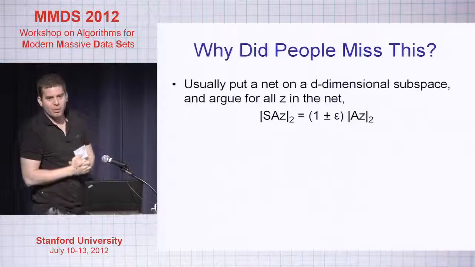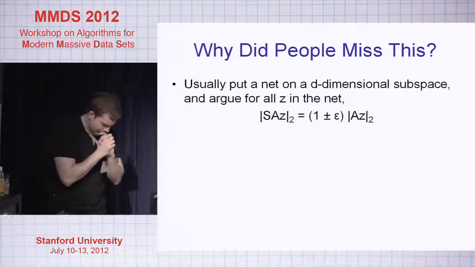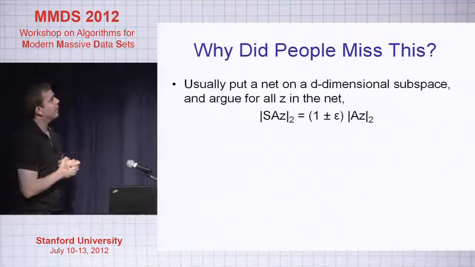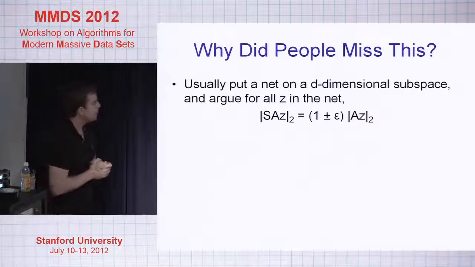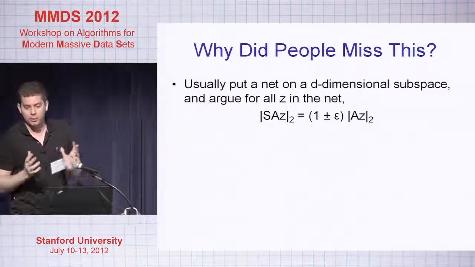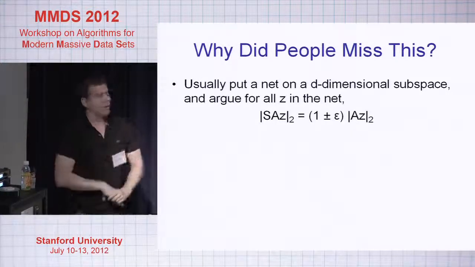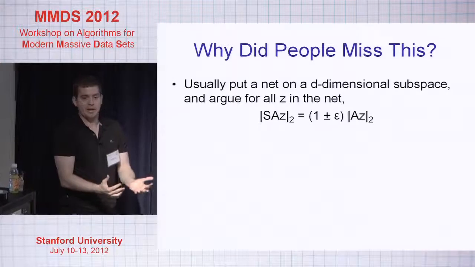Okay, so why did people miss this? It seems like a simple way of doing subspace embeddings. Usually the argument that a subspace embedding works is that you have the column space of A, and you put a very fine net on this space.